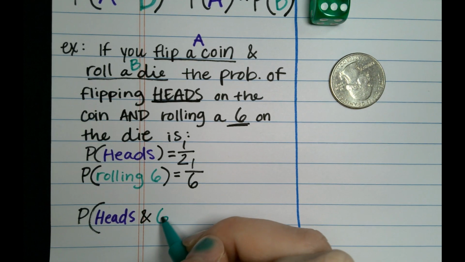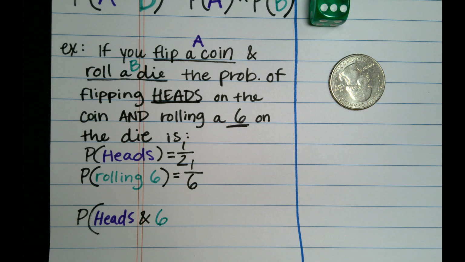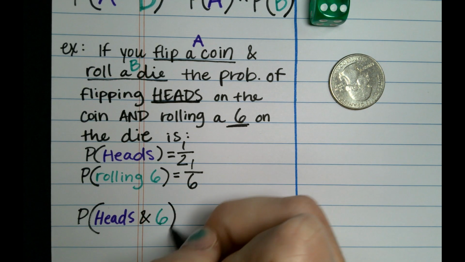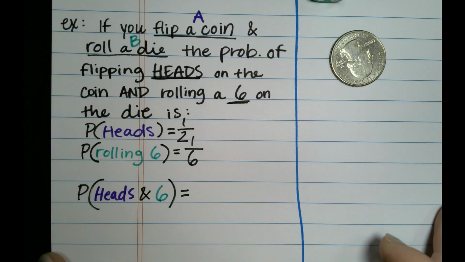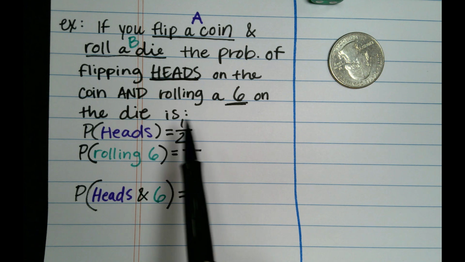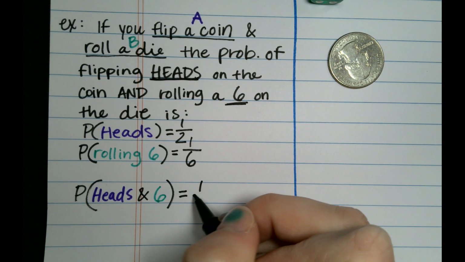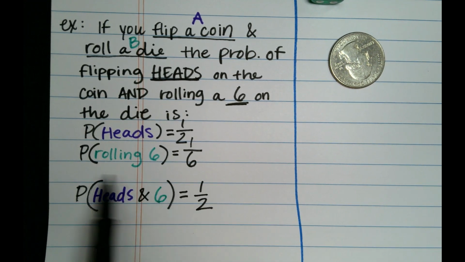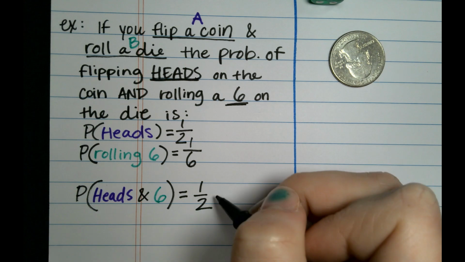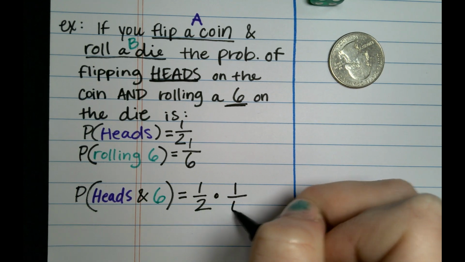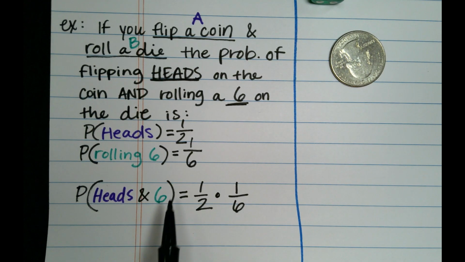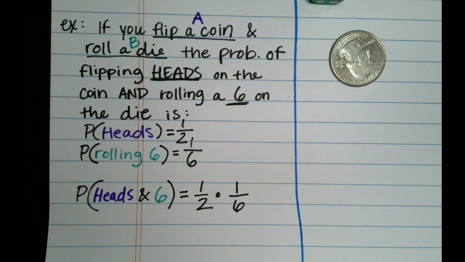I don't want to run out of room. Probability of heads and 6 is, well, the probability of heads is 1/2. And the probability of 6 is 1/6. So we're going to multiply 1/2 times 1/6.